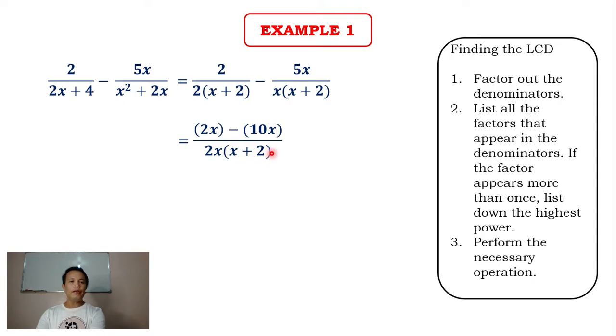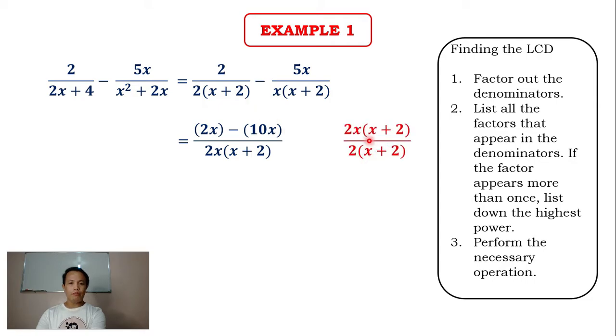How do we perform the operation now? We divide the LCD by the first denominator. That is 2x times x plus 2 divided by 2 times x plus 2.